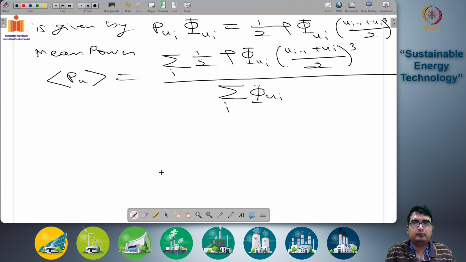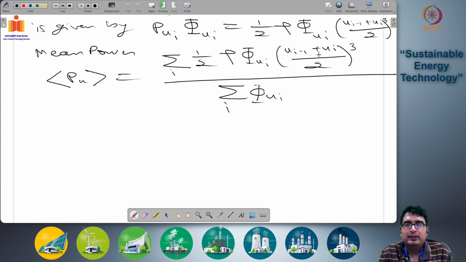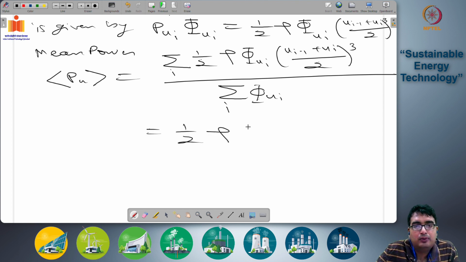So here, if you compare it with the mean distribution of velocity u cube, it's phi ui into the mean velocity for that interval, summation of that by summation phi ui. Here you have this entire thing multiplied with half rho, and this summation phi ui. So basically this equals half rho times u cube, the mean of u cube.